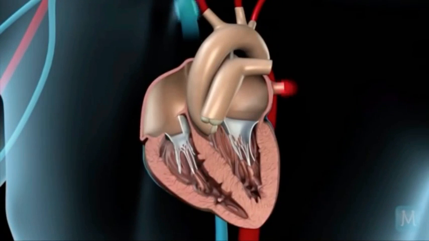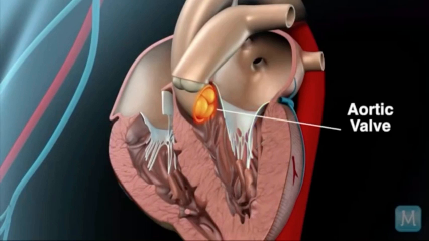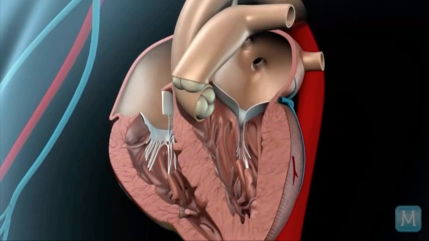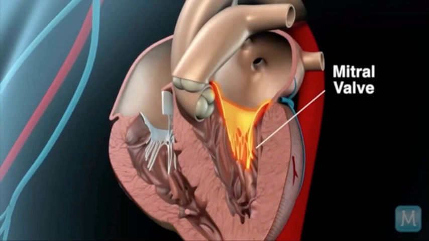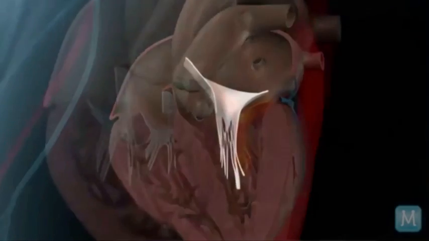The two valves on the left side of the heart, the mitral valve and the aortic valve, are actually not infrequently involved with heart diseases of adults. Typically, the mitral valve opens to allow blood to exit from the upper chamber to the lower chamber, and then it closes. So when the heart gets ready to pump the blood, all the blood will go forward instead of going backwards.